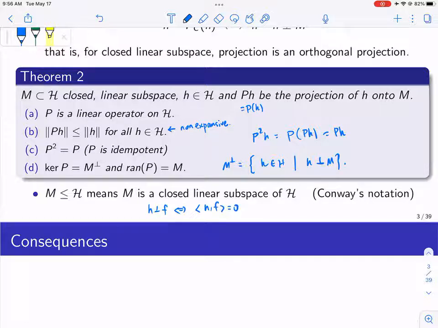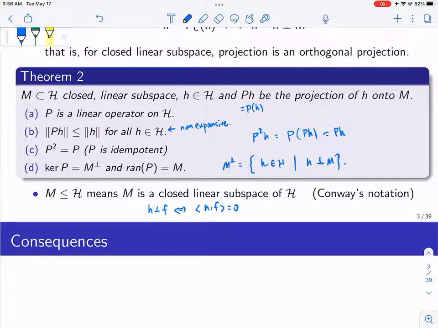So the fact that the kernel of P is M perp and the range is M gives this orthogonal decomposition into the kernel and the range.